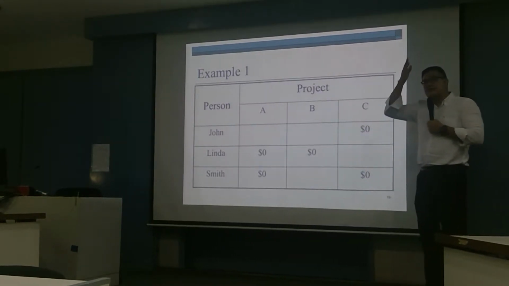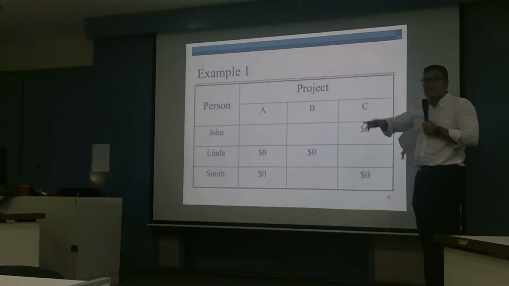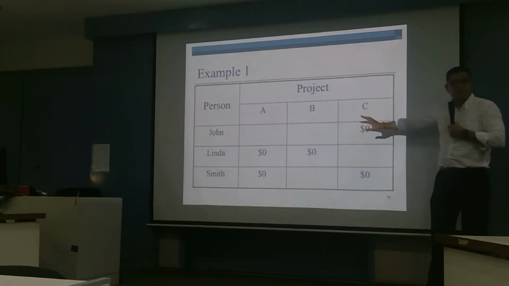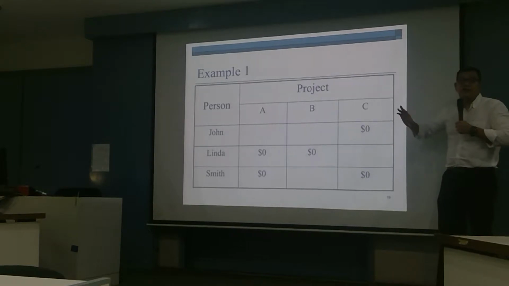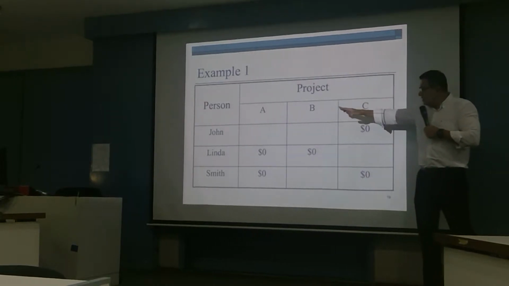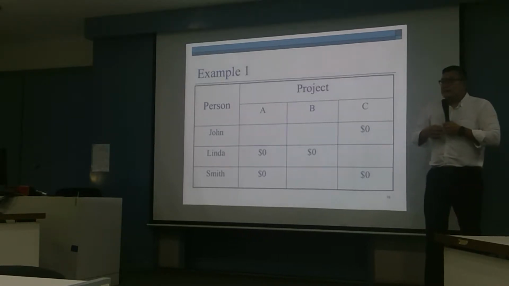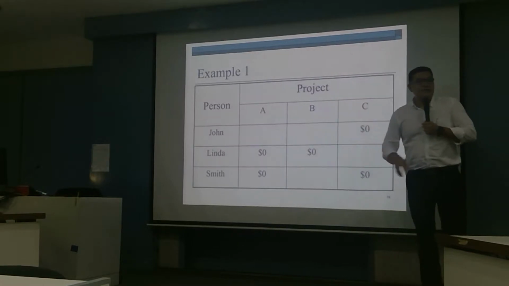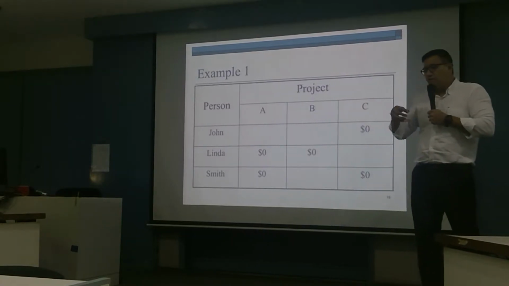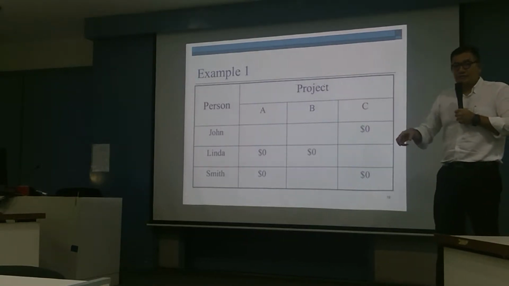Okay, if you have a different pattern of drawing the lines, you might have different 0 positions. That's okay, because finally, after we specify the answer, it's going to be the same. Okay, and sometimes you do it and maybe one assignee doesn't have any 0 value to specify which task or project we're going to assign.